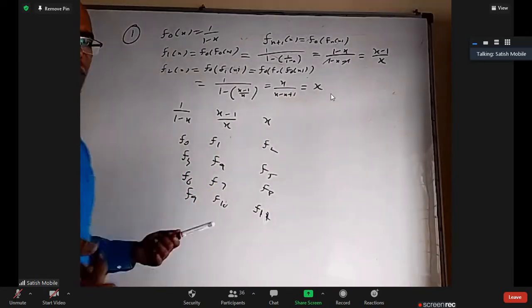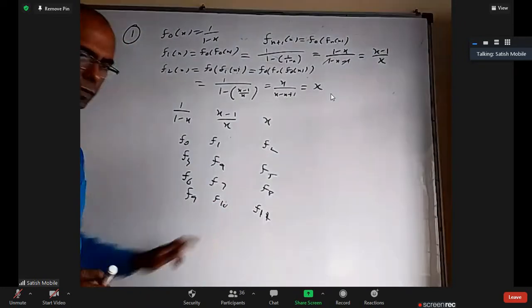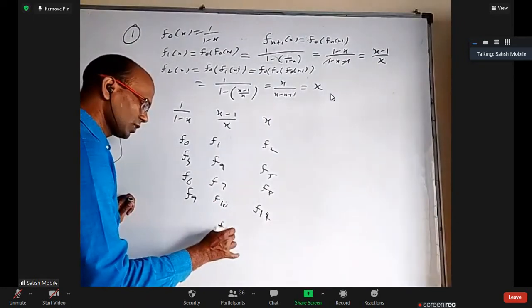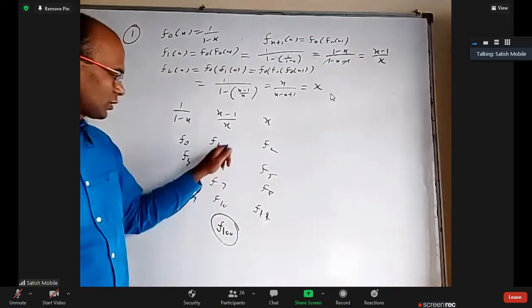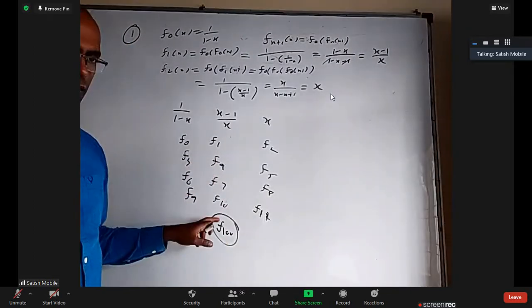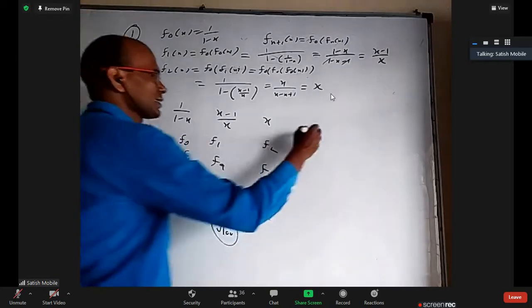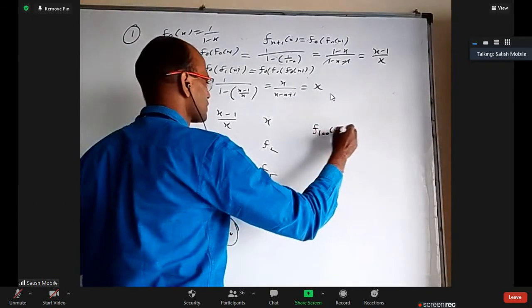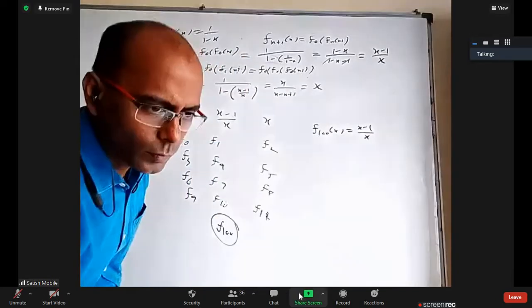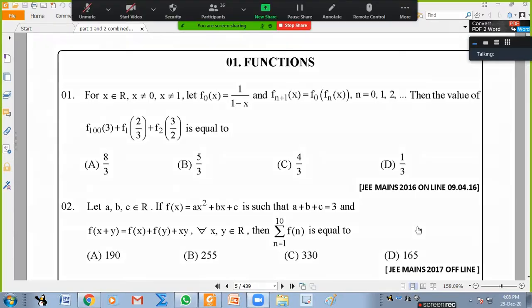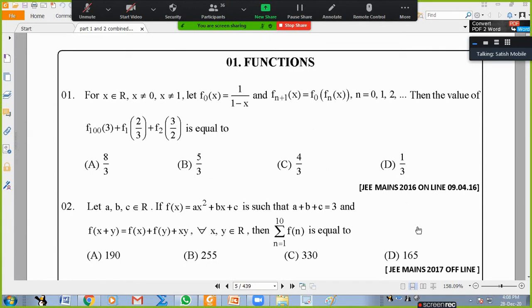Okay. So now F100 belongs to this category, because when you divide 100 by 3, the remainder is 1. So you have to understand F100 of x is x minus 1 by x. Now F100 of 3.